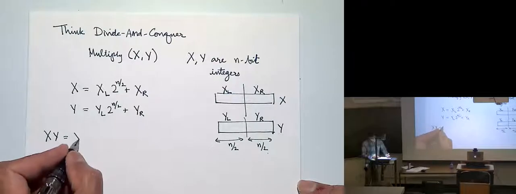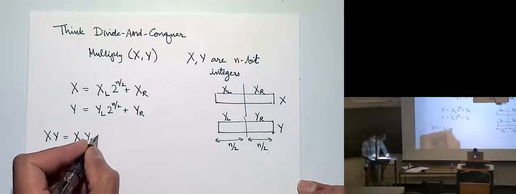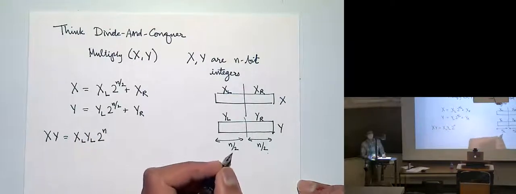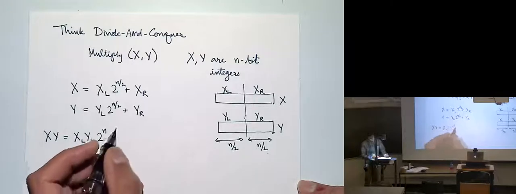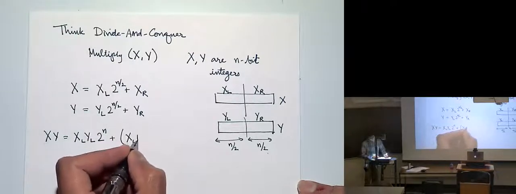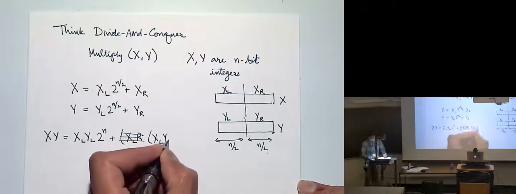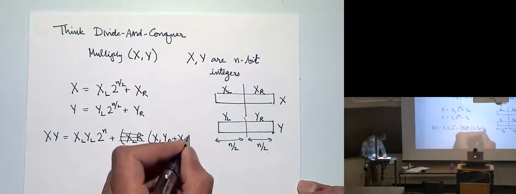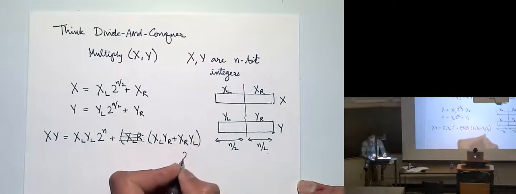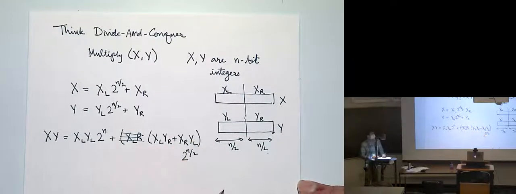And you'll get xl yl times 2 to the n, plus the cross term xl yr plus xr yl times 2 to the n over 2, plus xr yr.